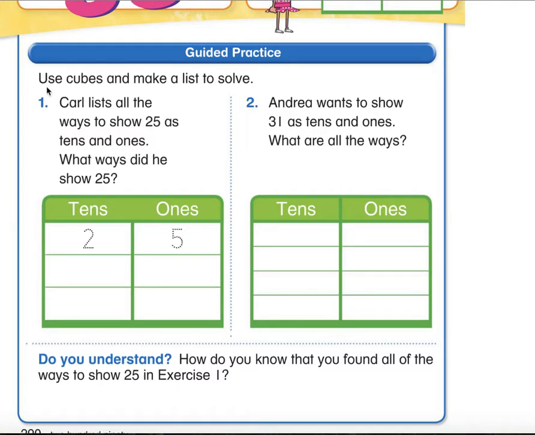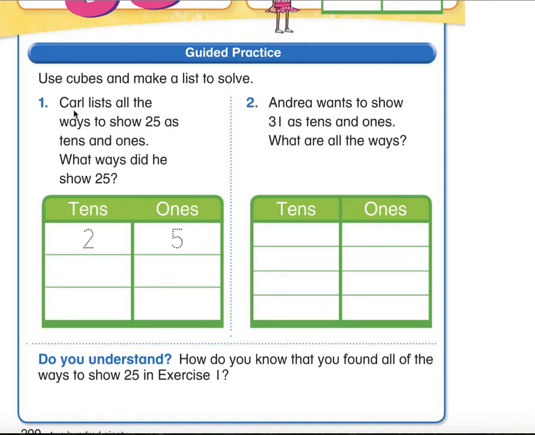And I'll also read the directions to you. Use cubes and make a list to solve. So if you really would like some cubes, I can get you guys some cubes, all right? So if you need them, then hit the space bar and I'll help you guys out and get you some. If not, and you just really like to draw the pictures instead because they're just a little bit quicker and easier, that's fine too. You can just keep watching and draw your little pictures.